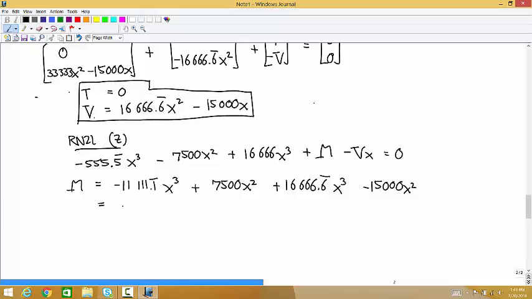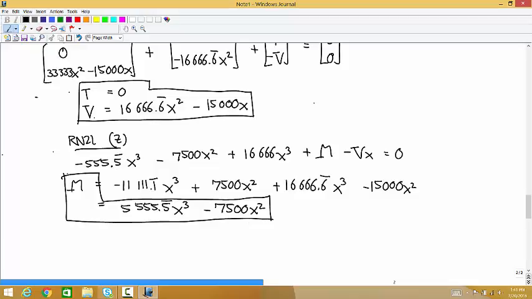And so you get positive 5.5 repeating x cubed minus 7,500x squared for v.